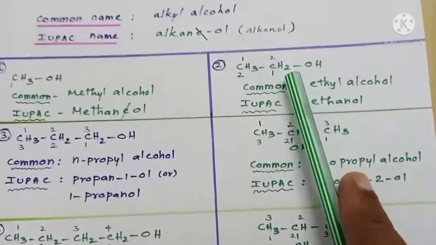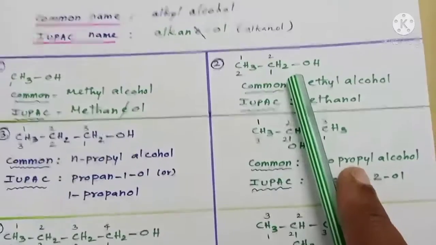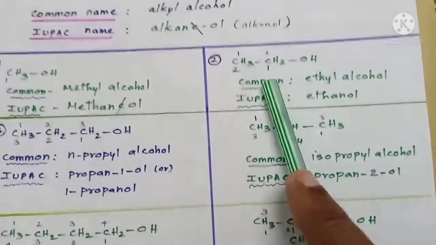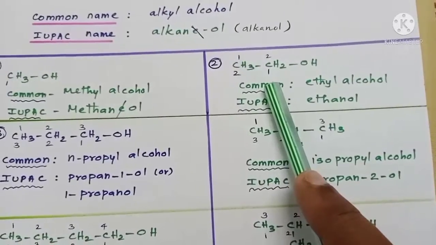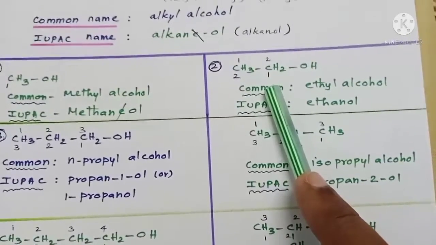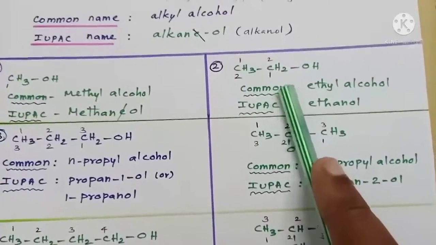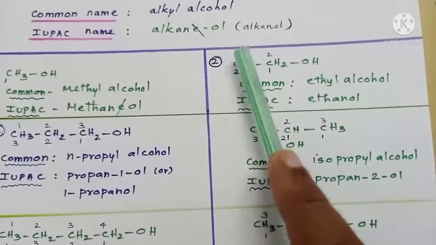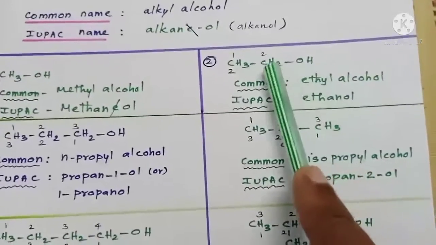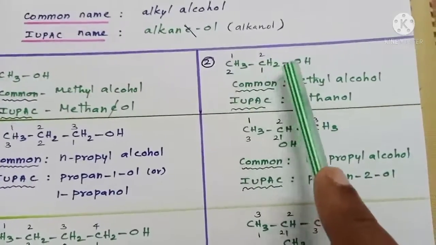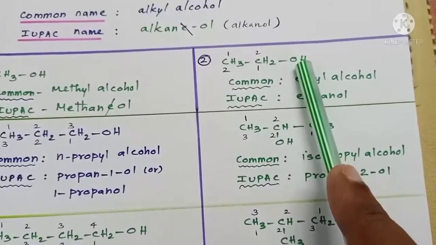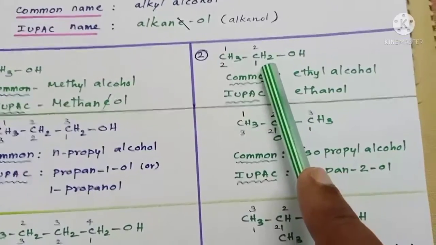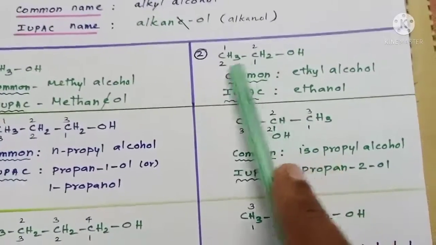You can number the carbon atoms in the forward as well as the backward direction, and then select the numbering in which the functional group attached carbon gets the least number. I am numbering in the forward direction as 1 and 2, then in the backward direction as 1 and 2. This is the carbon attached with the functional group, so according to the IUPAC rule it must get the least number, so we follow the backward direction.